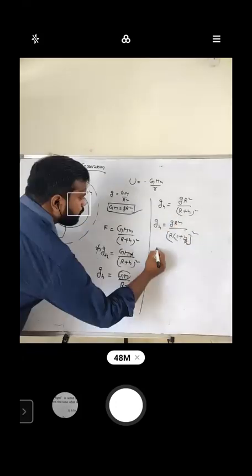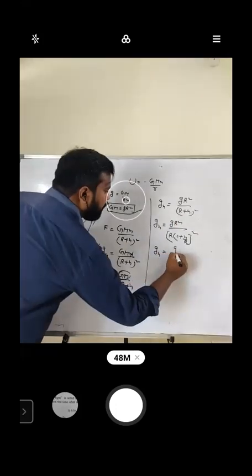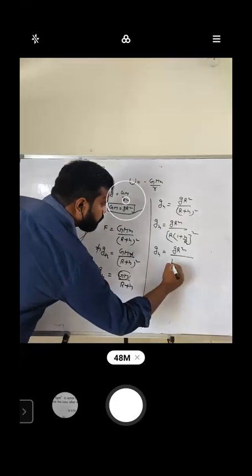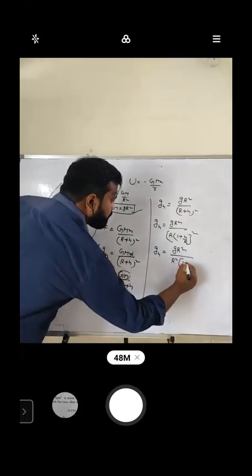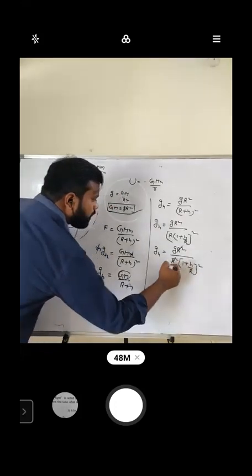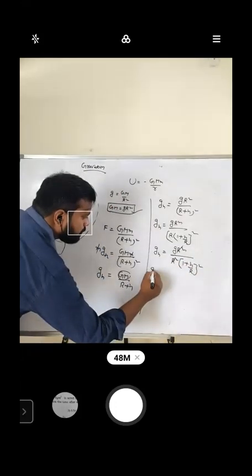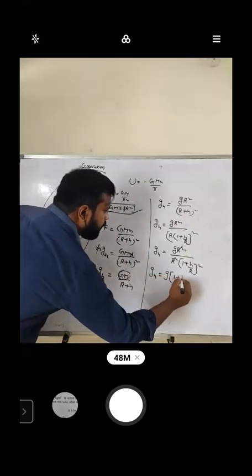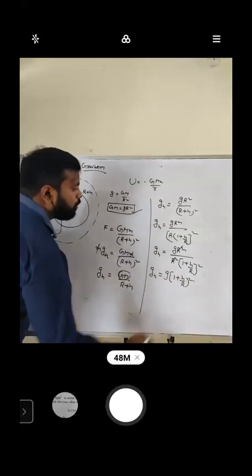So g h equals gR square divided by R whole square into 1 plus h by R whole square. R square gets cancelled. So g h equals g into 1 plus h by R whole power minus 2.